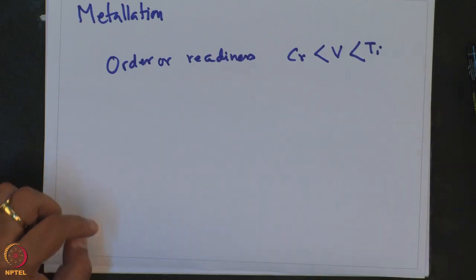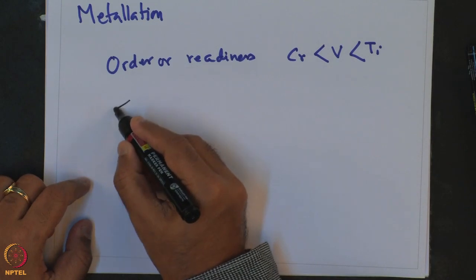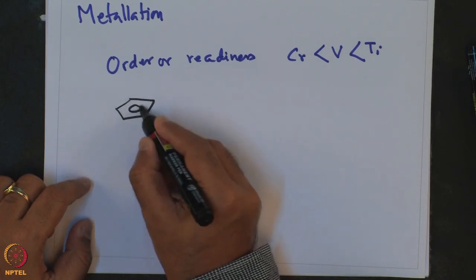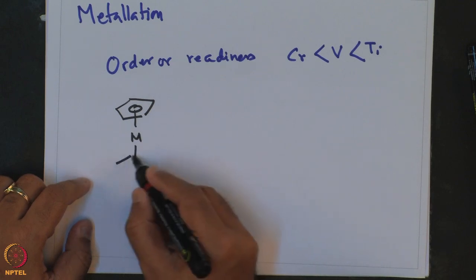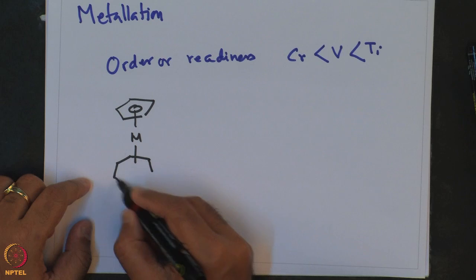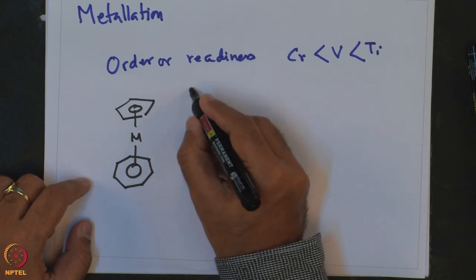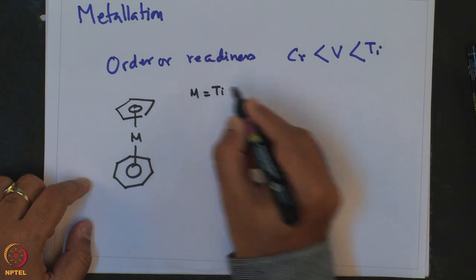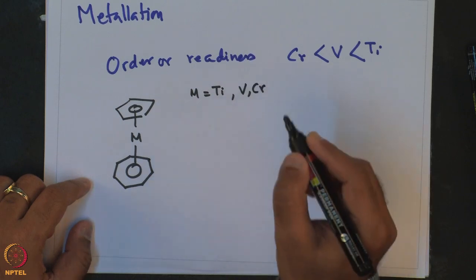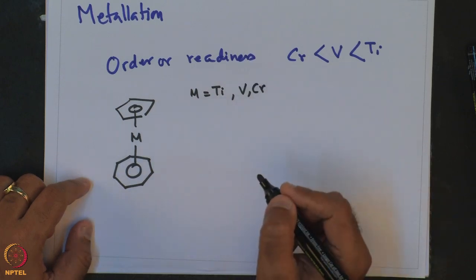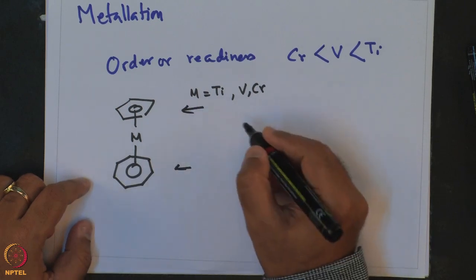like the one shown over here, the metal can be titanium, vanadium, chromium. The lithiation can happen in both of the rings, but requires harsher conditions.